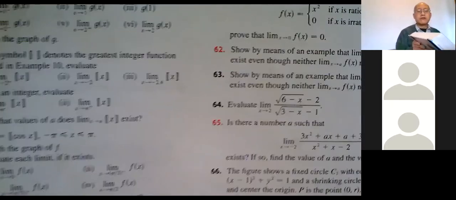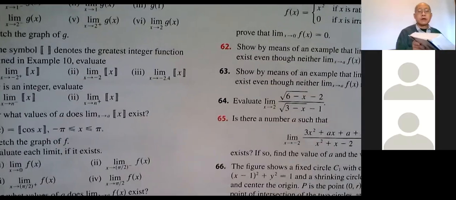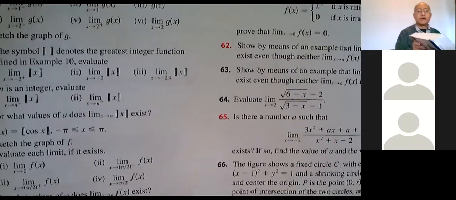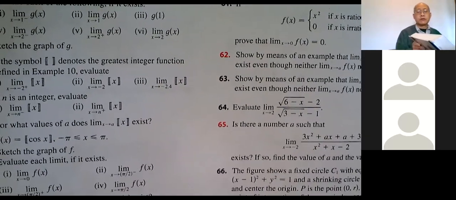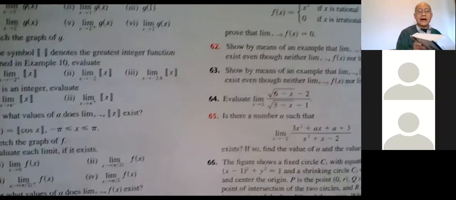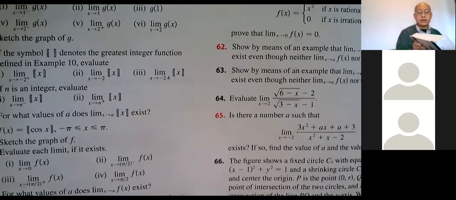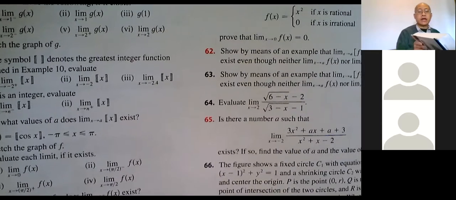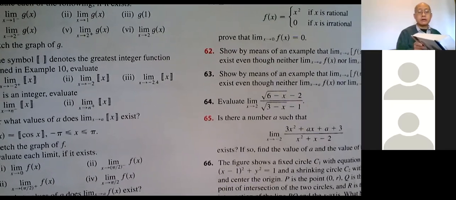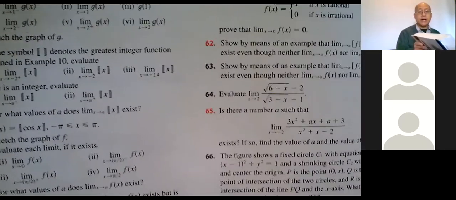Okay, so for the greatest integer function, x approaches -2.4. So how about -2.39? If you plug in, what would you get? You would go down. Going down would be -3, not -2. And if you go -2.41, you would still go down to -3.